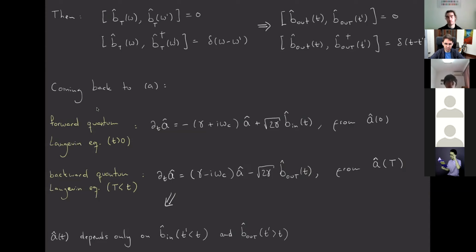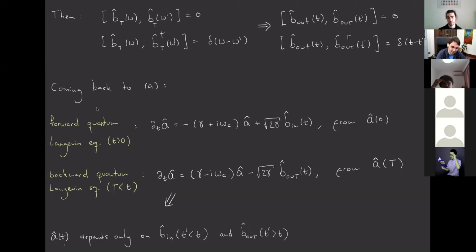So A of t, let me repeat it in a different way. At time t, A doesn't depend on the input operator in the future, and it doesn't depend on the output operator in the past.